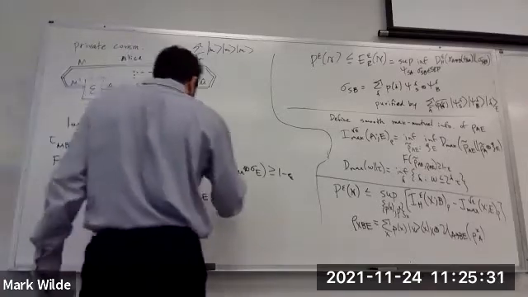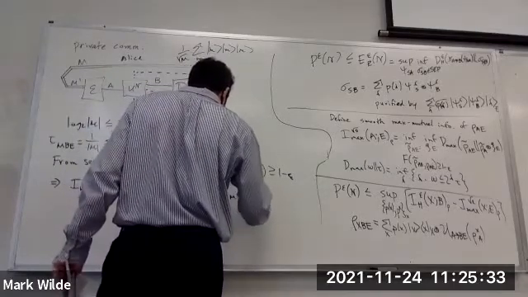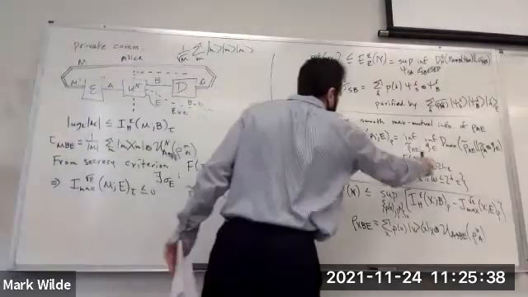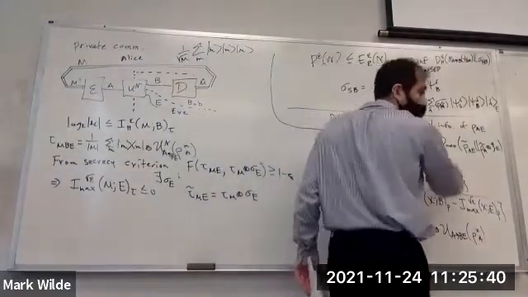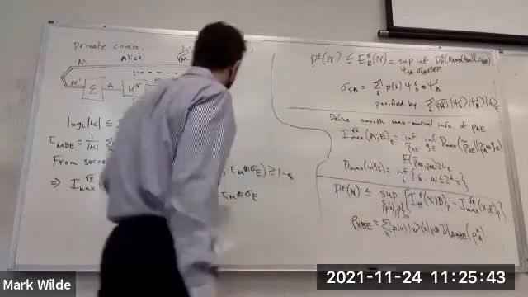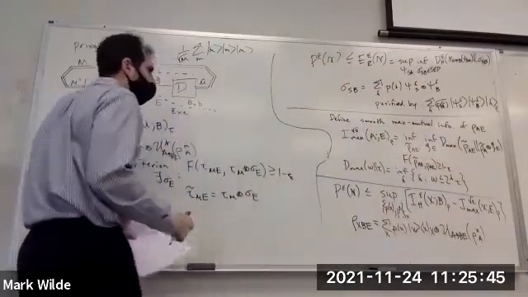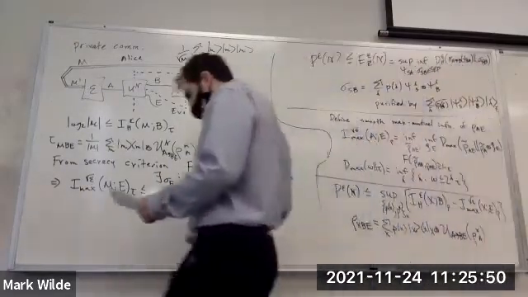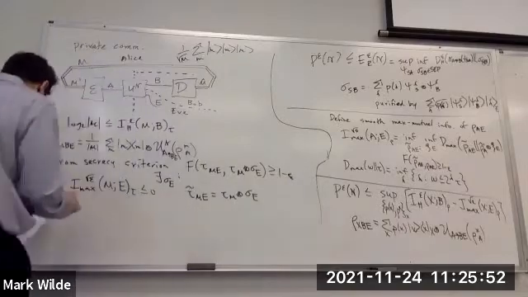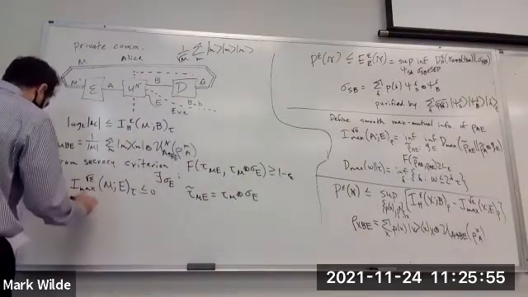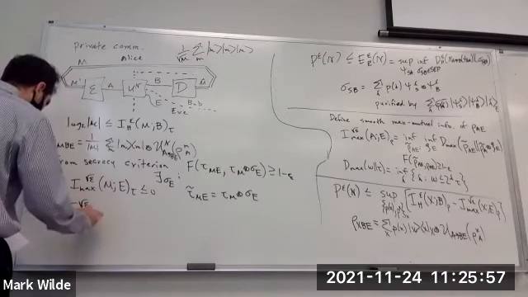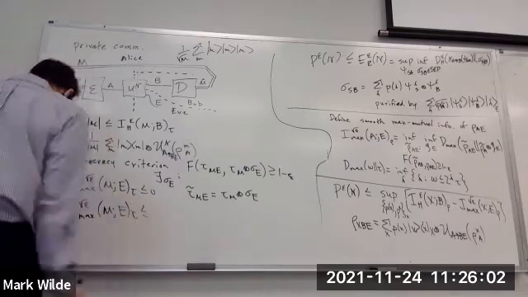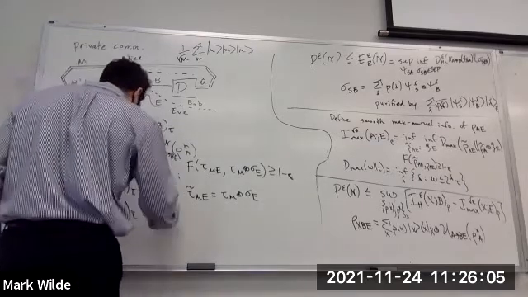Let's just choose it to be tau M tensor sigma E. Why can we do that? Well, it meets the fidelity criteria. The fidelity criterion for the smoothing has to be larger than 1 minus epsilon. So we choose it to be that, and then we can also choose this C E to be sigma E. Since smooth max involves an infimum over all such states, this one is less than D max.